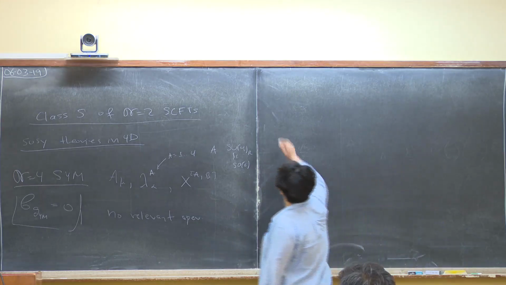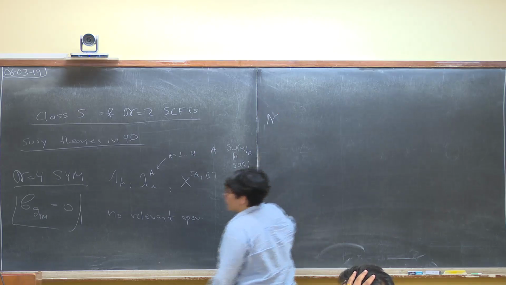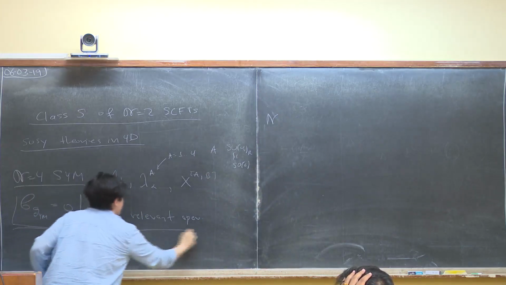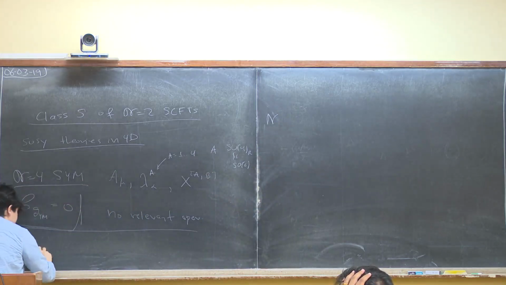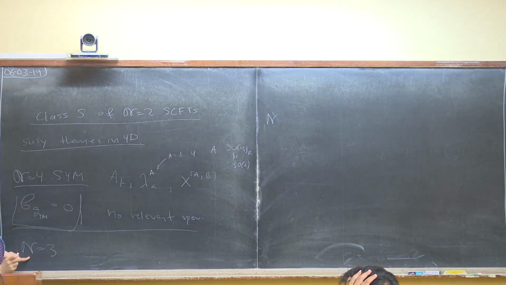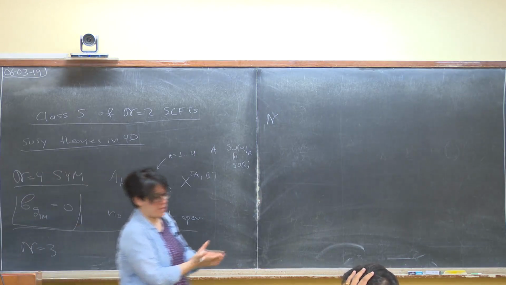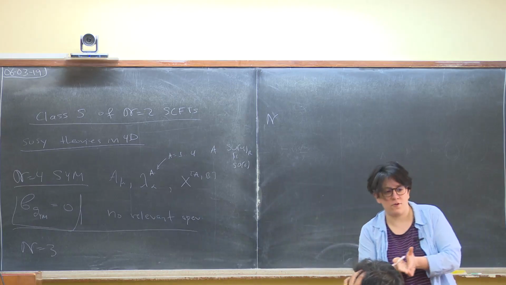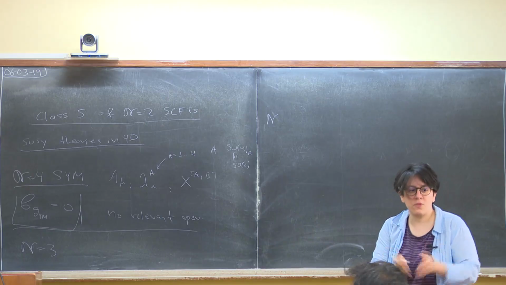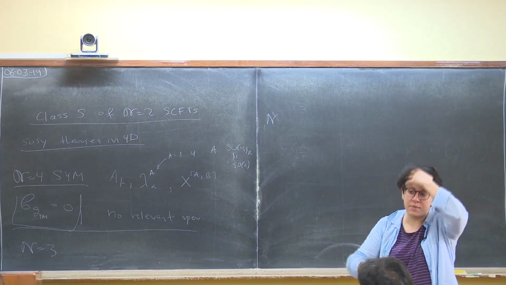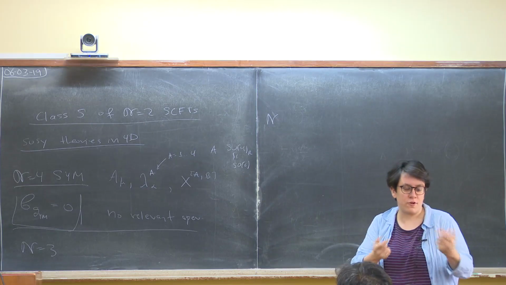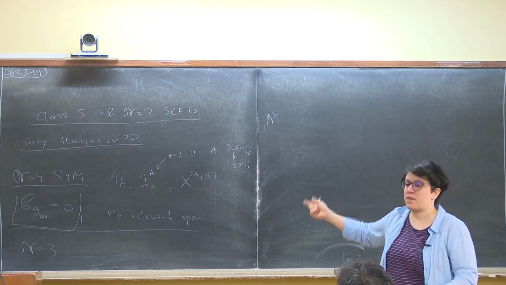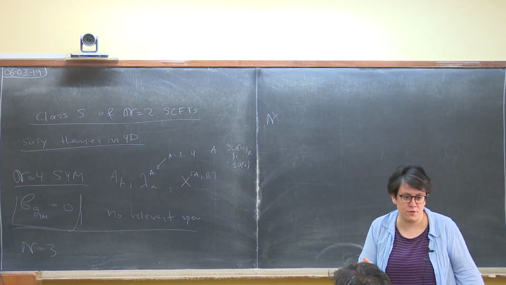Yeah. So then the next, maybe here before I go to N=2, as a teaser, I will write N=3, because when you first learn your supersymmetry class, at least when I first learned, people told me that there are no N=3 theories, because if you write the N=3 vector multiplet, you have to add the CPT conjugate for it to be good, and then it becomes N=4, so there is nothing for N=3.